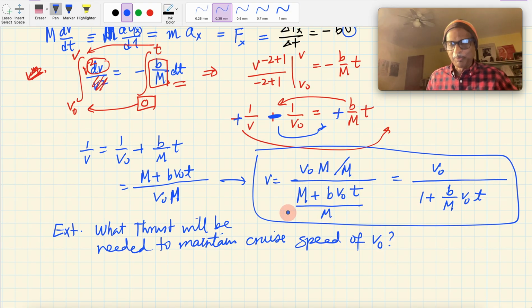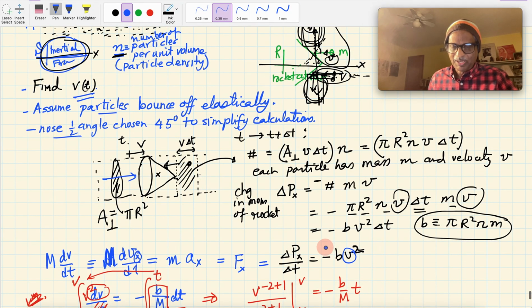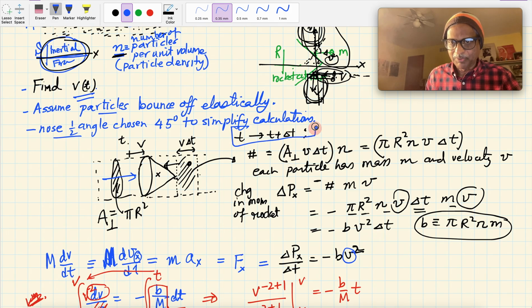So how much fuel you'll be burning in, say, 10 seconds. All of those are extensions of this, but the basic idea is very similar. It all begins with understanding what happened in an incremental unit of time. If you understand the logic I tried to give you, you can handle other problems like this.